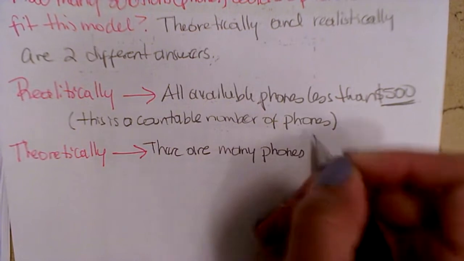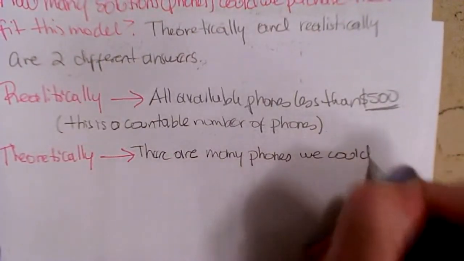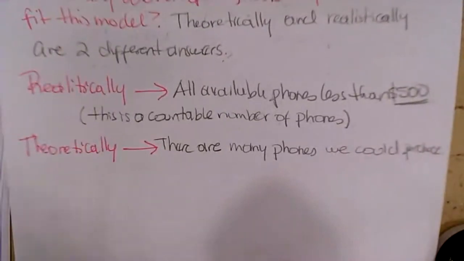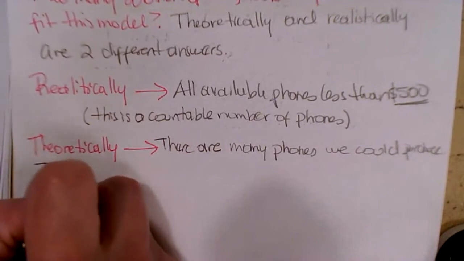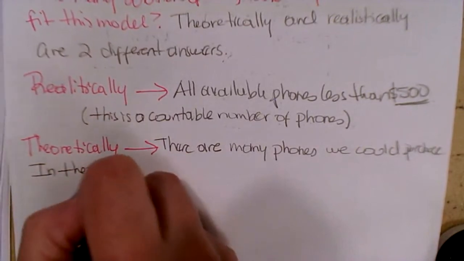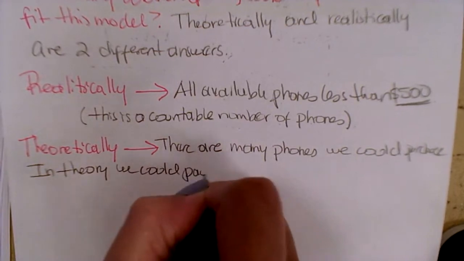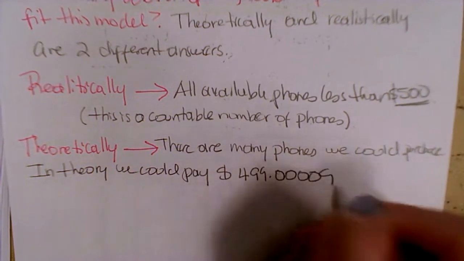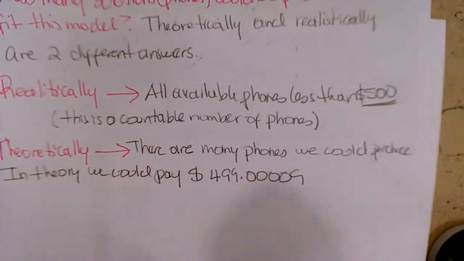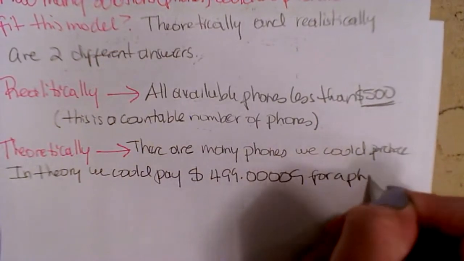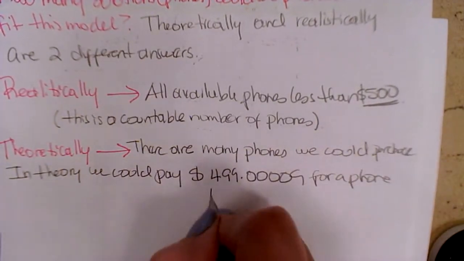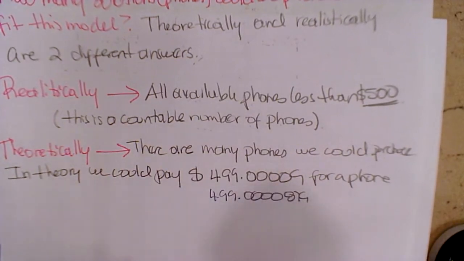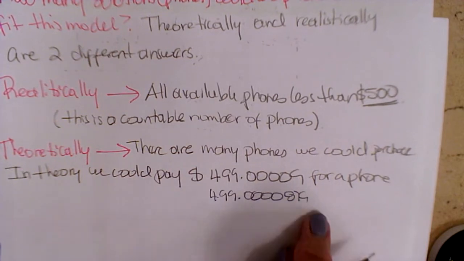In theory, we could pay what? 499.1234.009, right? For a phone. Or we can pay 499.00000878. But in reality, we don't.